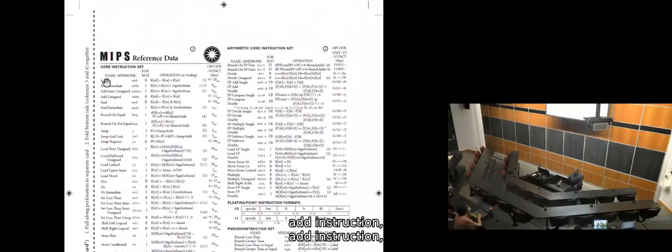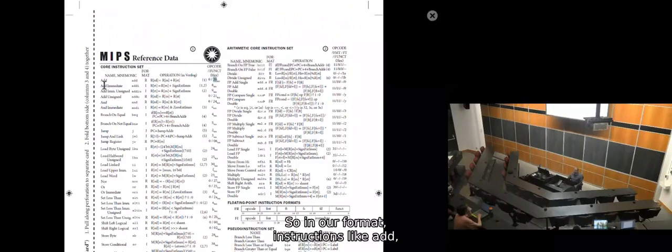Full screen control. Okay. If you look at these here, then for, let's say, the add instruction, the opcode is 0, but the function code determines what it is, which is 20.